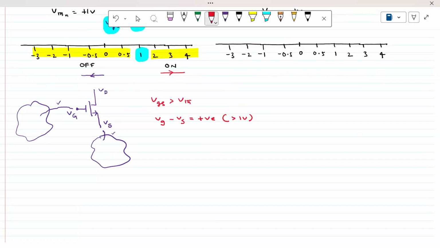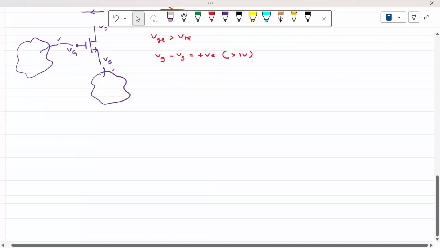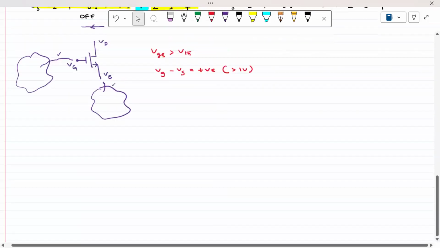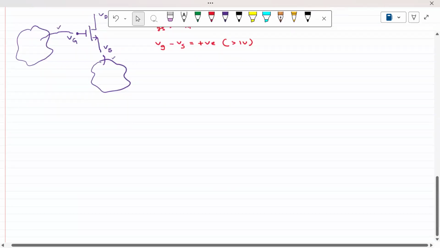Or keeping VG constant, and the source is at a more negative potential, then VGS can be positive. Always remember that. Let me write it here, or more clearly, let me write it in this way.